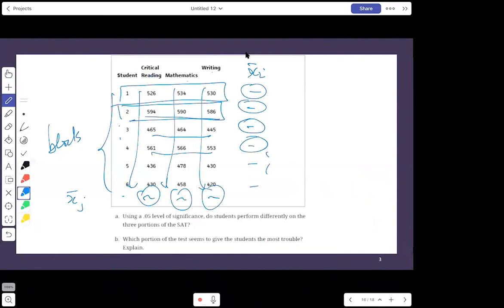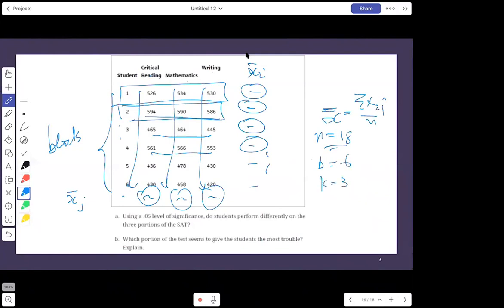And then with that information, we must find the overall X double bar, which is taking 6 times 3, the 18 values, the sum of Xij over n, where n is 18 values. Your number of blocks is 6 students, and your number of treatments, k, is 3.